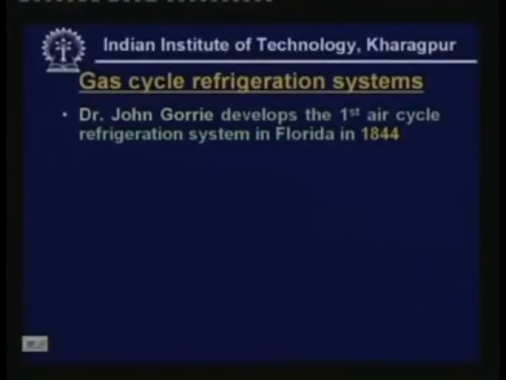The first gas cycle refrigerant system was developed by John Gorey in 1844. Actually, John Gorey was not a scientist, but he was a doctor. Not a scientist means he was not a mechanical engineer or a refrigeration engineer, but he was a doctor, and while treating his patients suffering from fever, he was in need of large quantities of ice, and he had difficulty in getting ice using any of the natural methods.